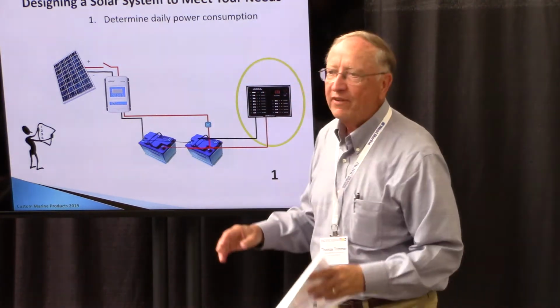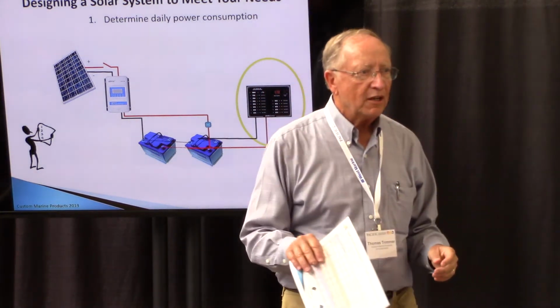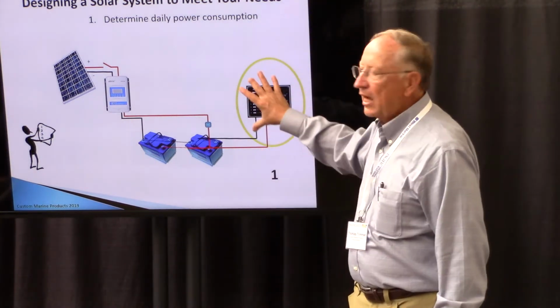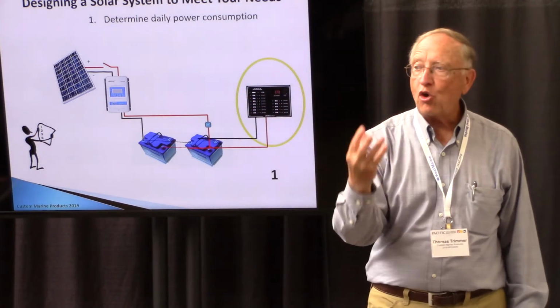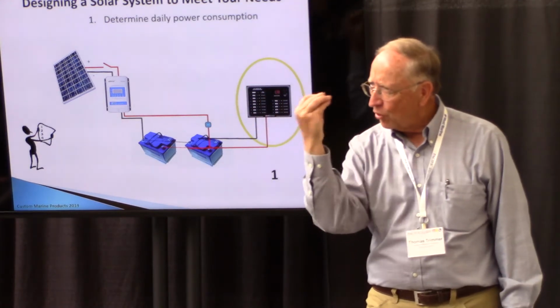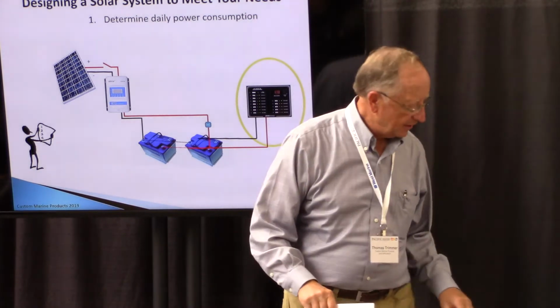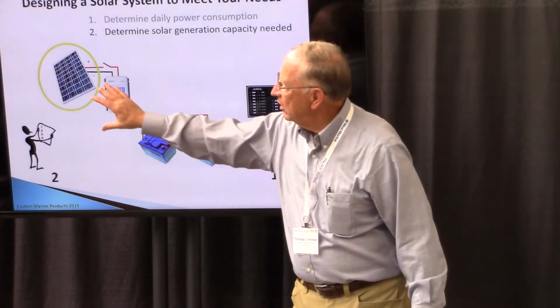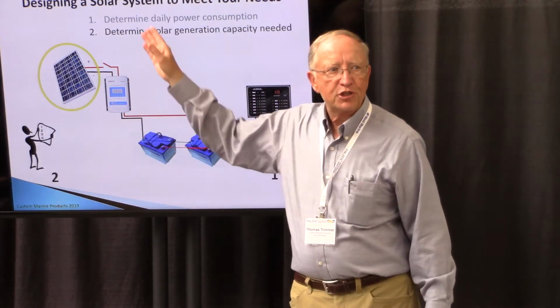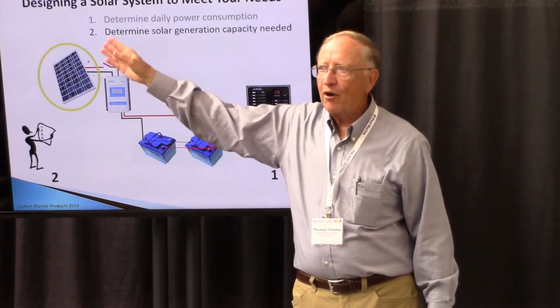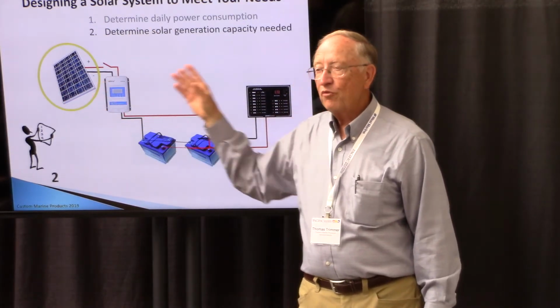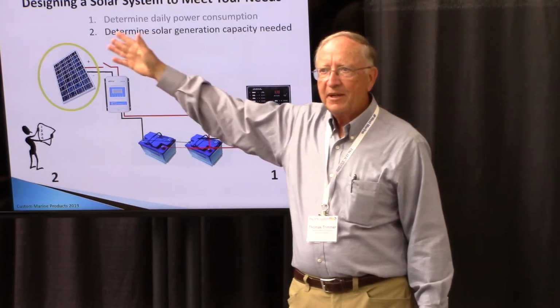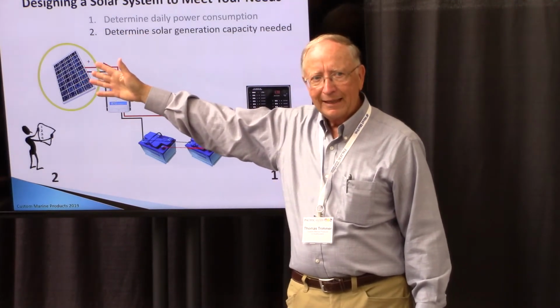Okay, so we've got 4 steps we're going to go through. First, we're going to determine how much power we use. And that's our core number 1 process that we want to get. Once we know how much power we use, then we're going to determine how much solar we need to meet our objective. So if I know what I'm using, I can estimate how much solar I need to get there.